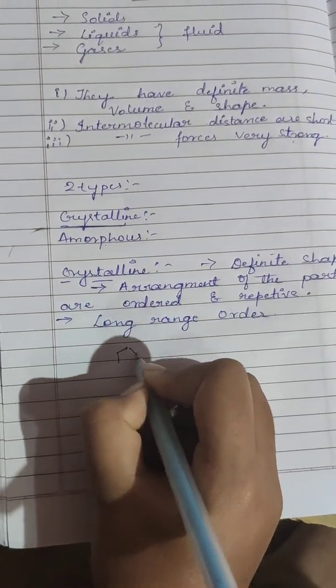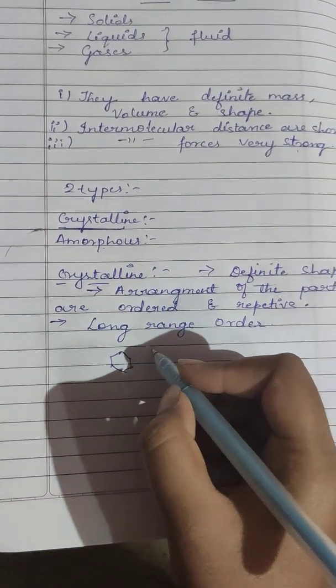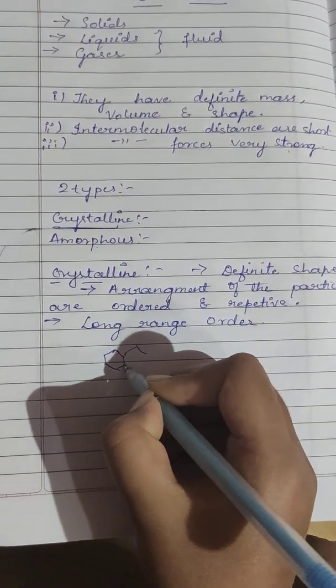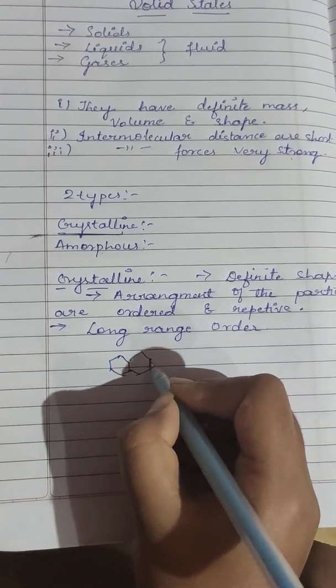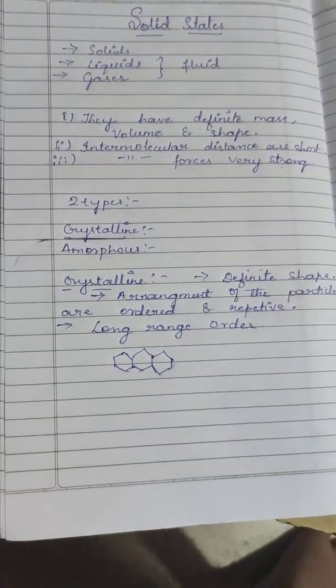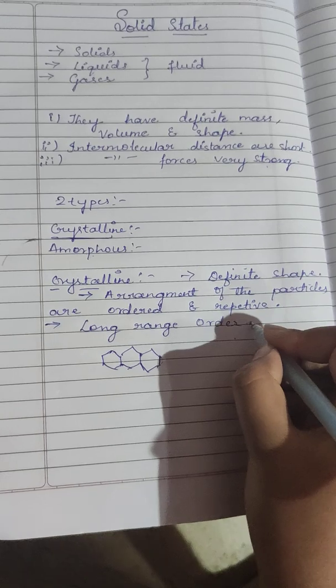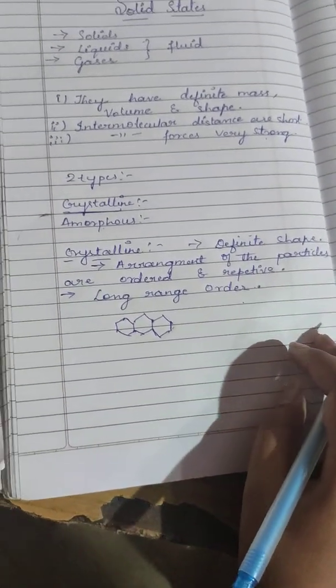If this is the structure of the particle, the same structure keeps on repeating. Thus crystalline solids are also called long range ordered.